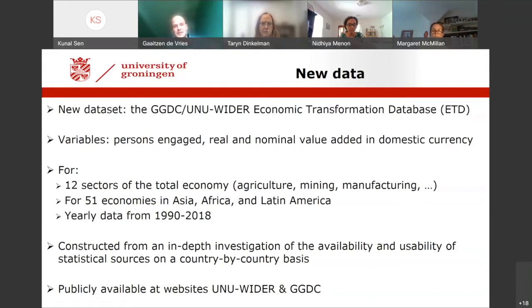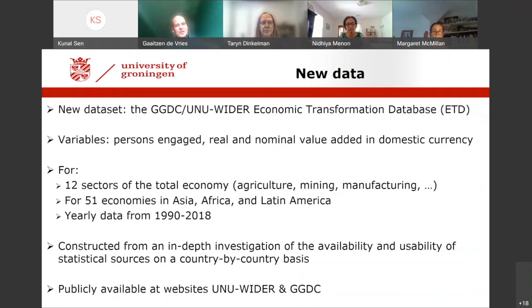The database was constructed on a country-by-country basis by investigating the availability and usability of all statistical sources that we could find. The data set is publicly available, was recently revised, and is fully documented. There's a sources and methods technical working paper that you can find together with the data to see how it was constructed and what sources and methods were used.